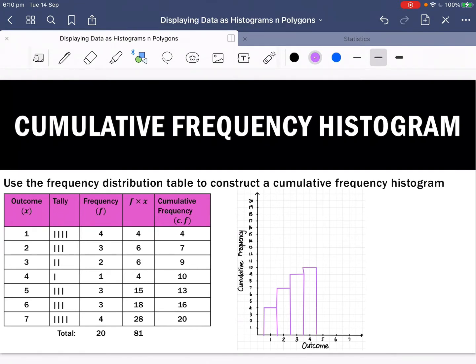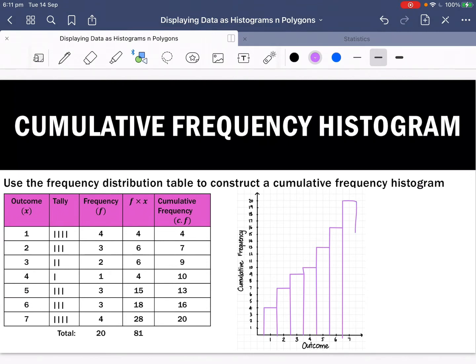And then our outcome of 5 has a cumulative frequency of 13. Finally, our outcome of 6 has a cumulative frequency of 16, and our outcome of 7 has a cumulative frequency of 20.